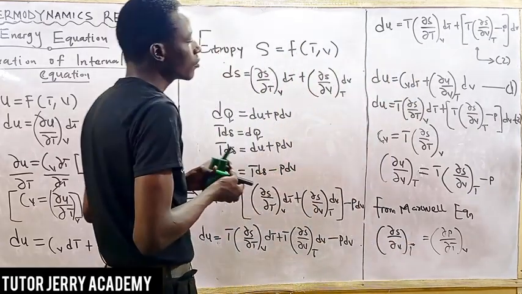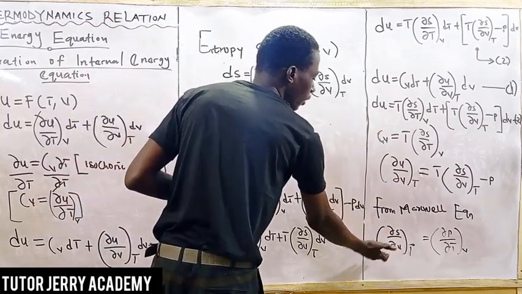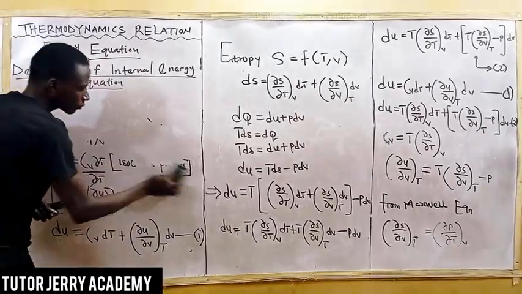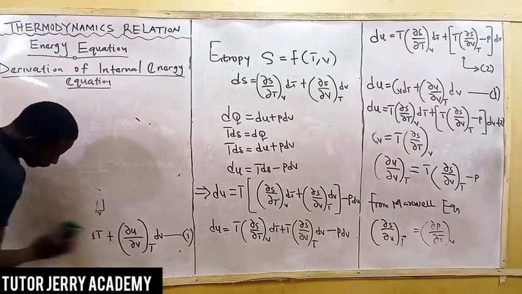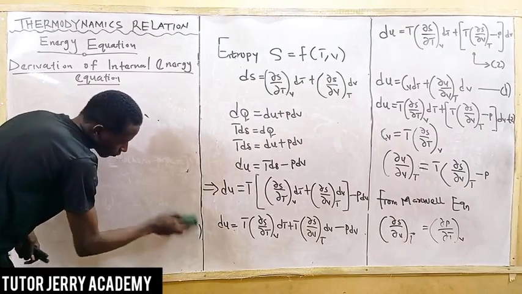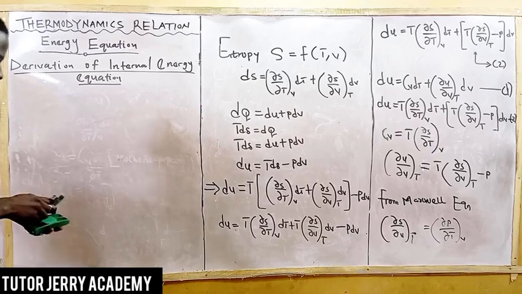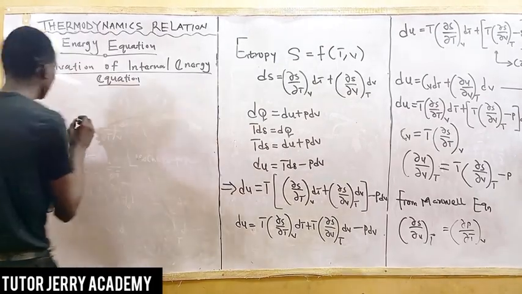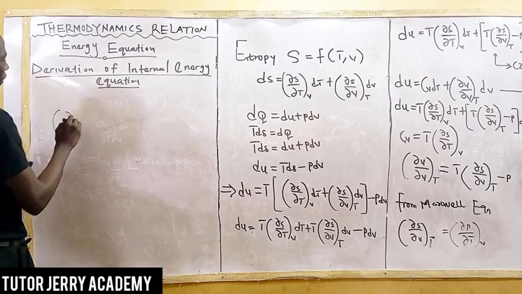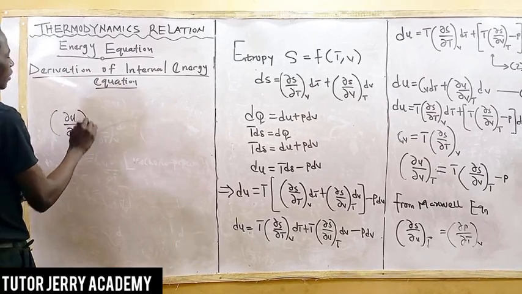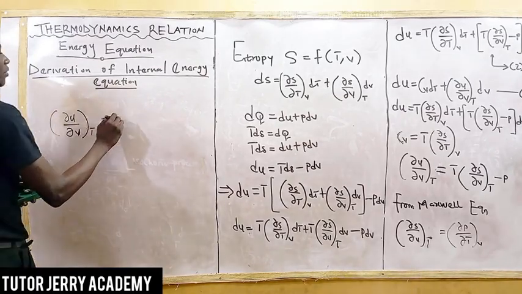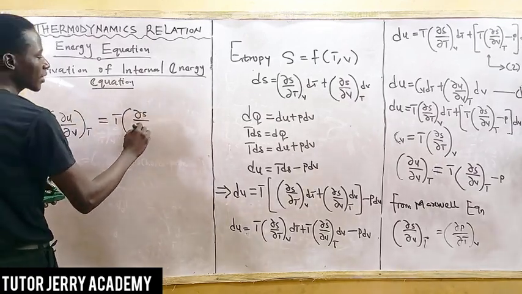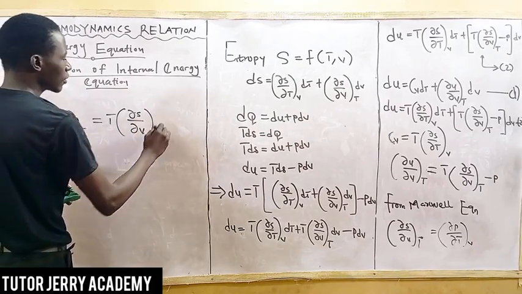So next, we are going to be comparing this with our Maxwell equation, that from here we have the partial derivative of u over the partial derivative of v, keeping t constant, is equal to t into the partial derivative of s by the partial derivative of v, keeping t constant, minus p.